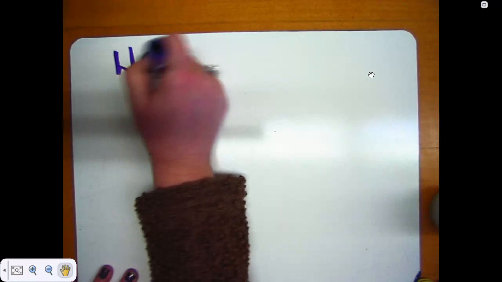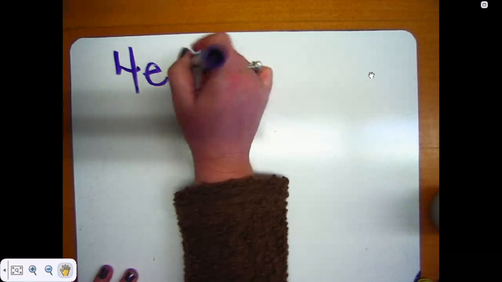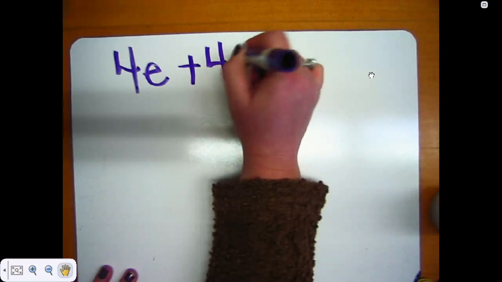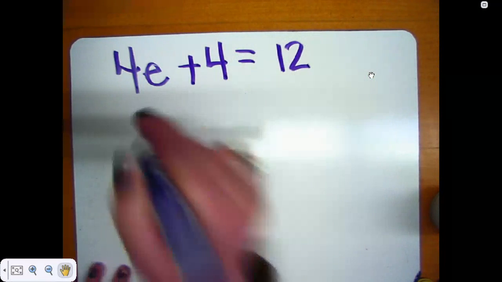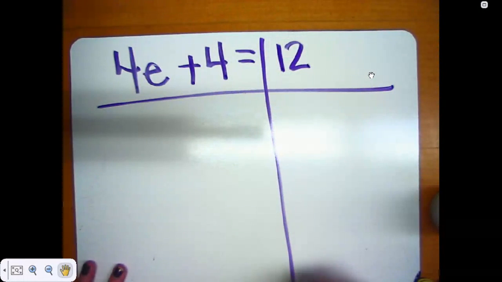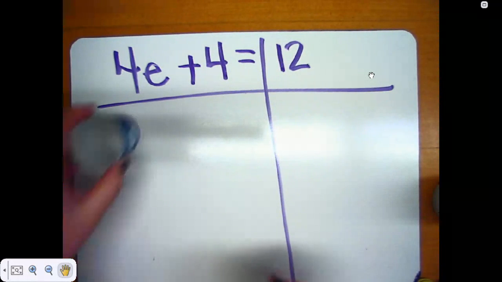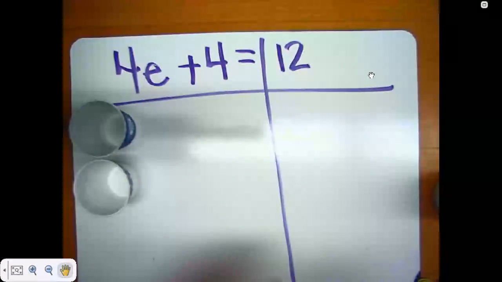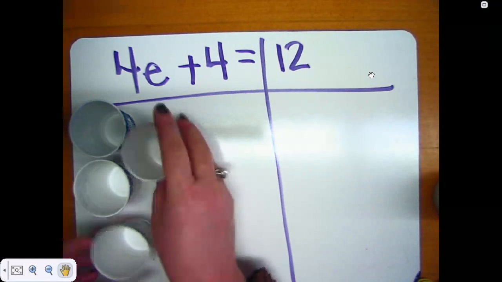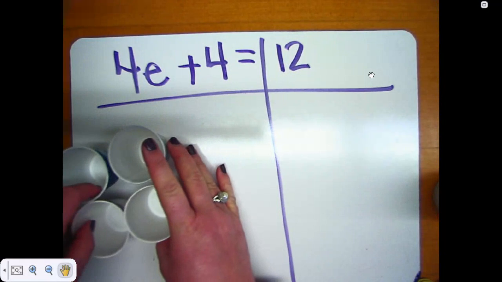Let's try 4E plus 4 equals 12. And I'm going to spread it out. Okay, so I see I have 4E, so that means I need 4 cups. 2, 3, 4. I've got 4 cups.